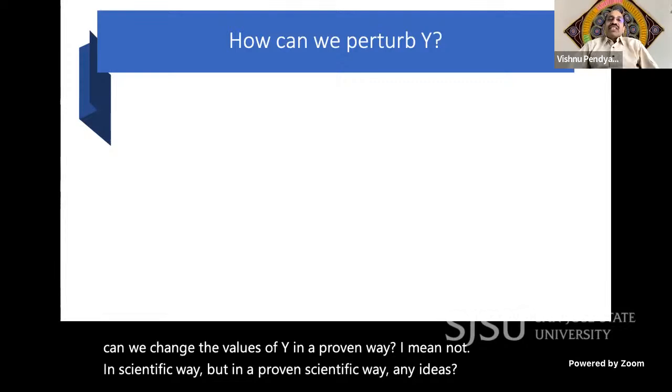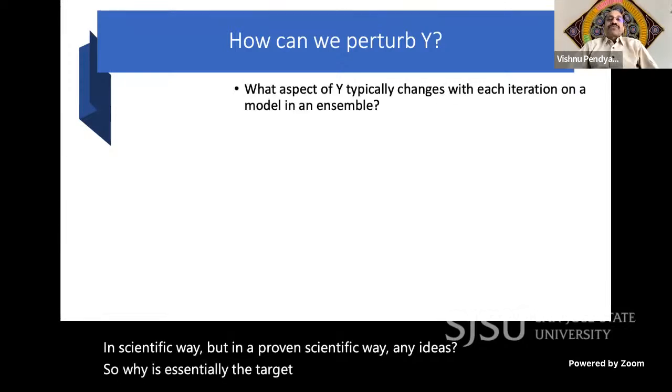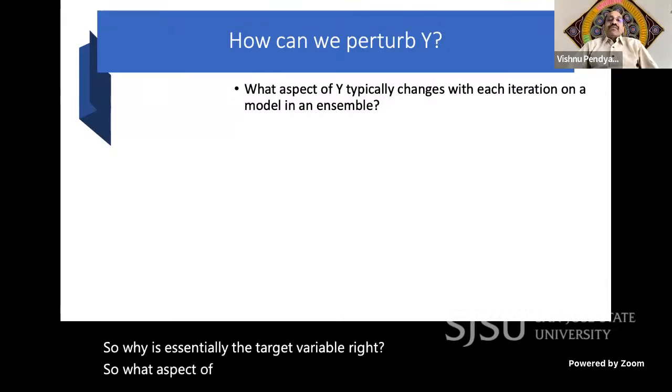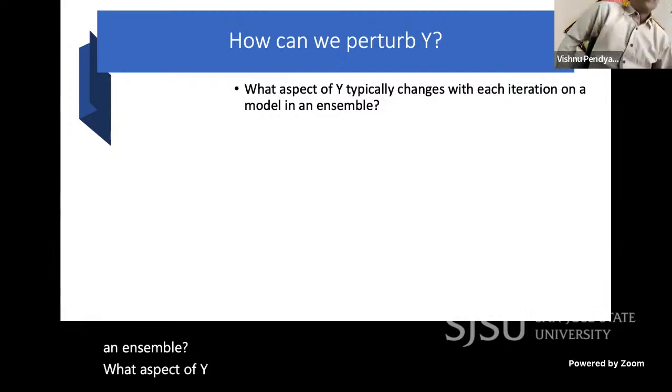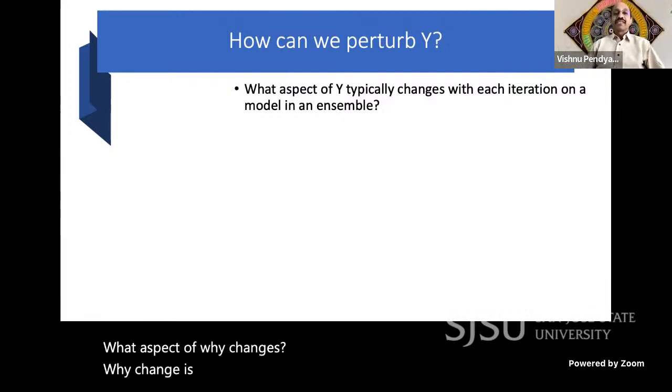So y is essentially the target variable, right? What aspect of y typically changes with each iteration on a model in an ensemble? What aspect of y changes? Y changes, right, with each of the runs of the models.